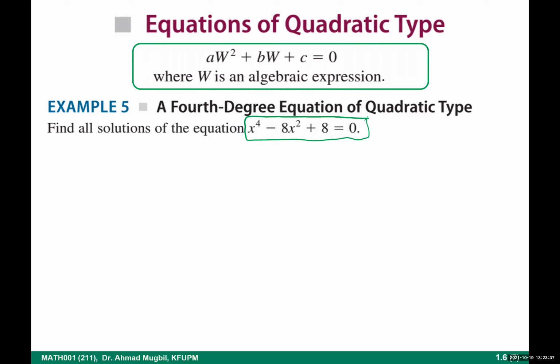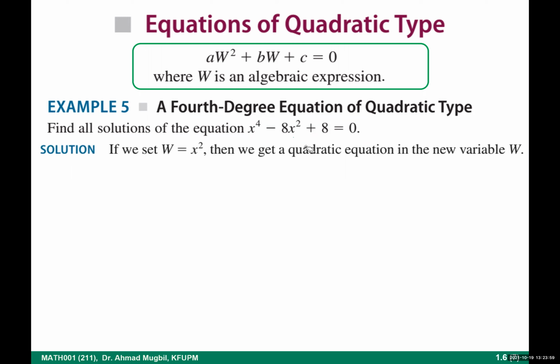How do you feel that there is something of quadratic type here? You have 3 terms, a trinomial. Then you have something and the square of that thing. So here we have W, and this is W squared. So here you will substitute x squared by W. You can use U or Y. Use any letter other than x.